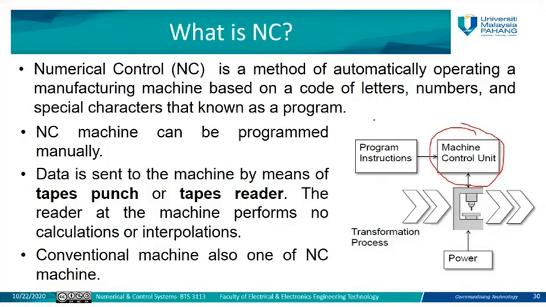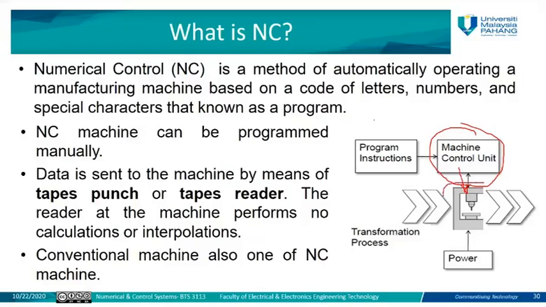So first you write the program, you enter it manually, and the program is sent to the machine control unit. The machine control unit represents the controller for the NC machine. It will read the instructions and translate them into action to be sent to the machine.